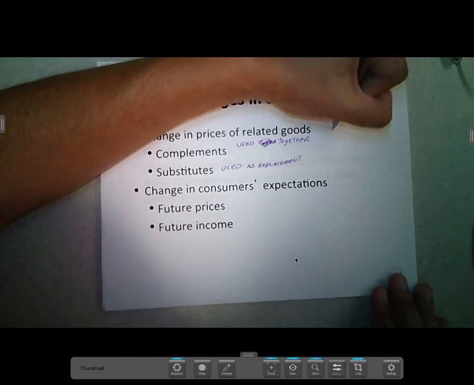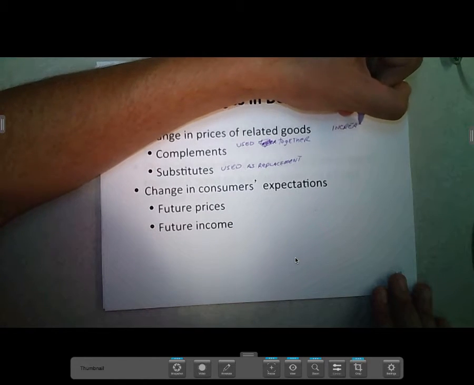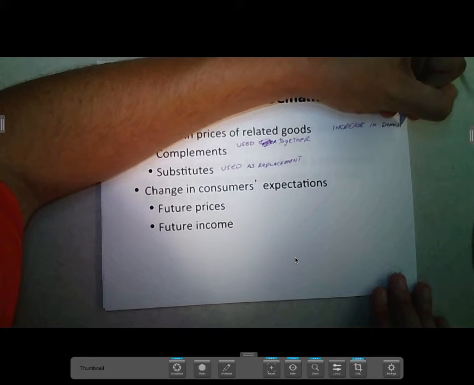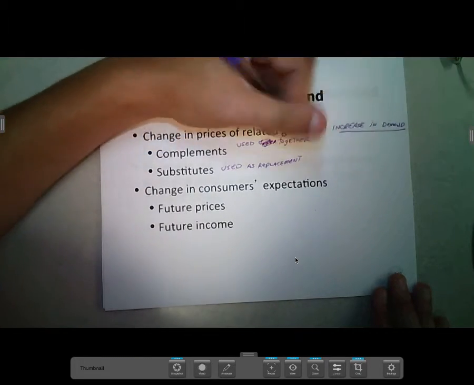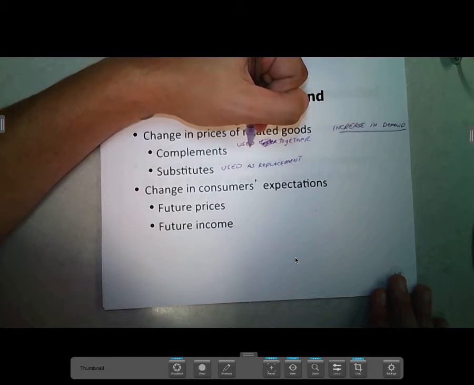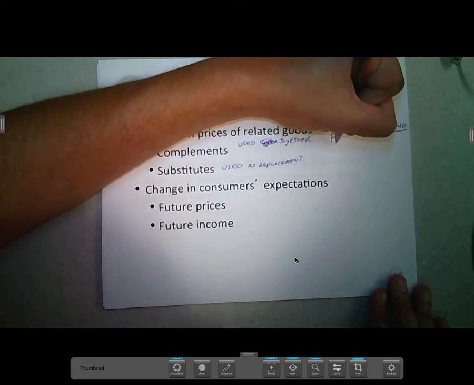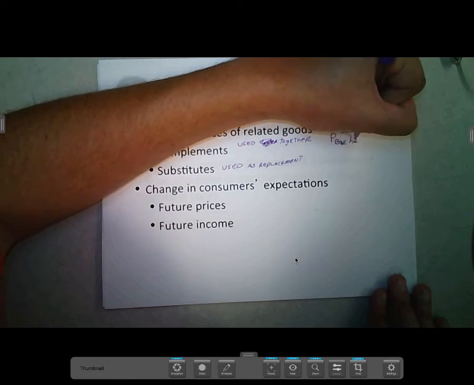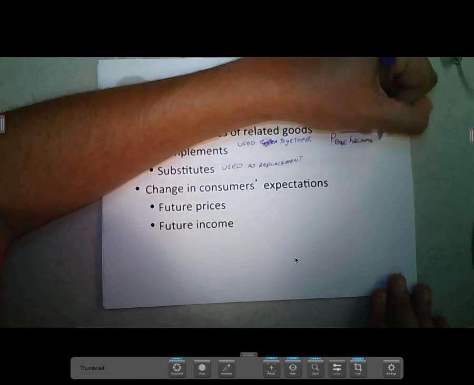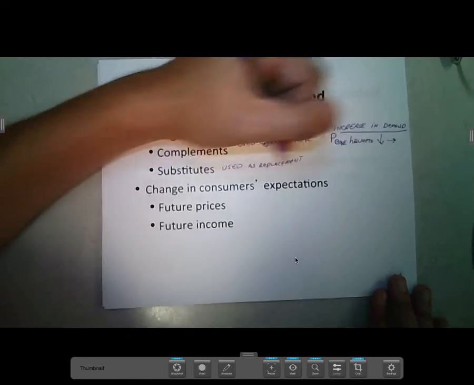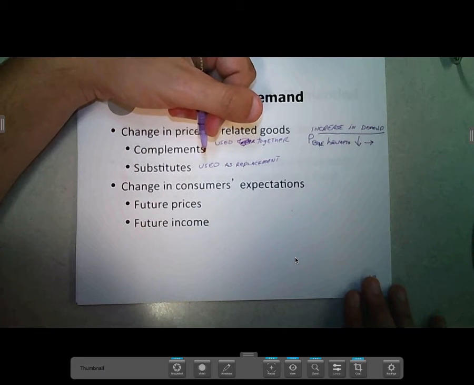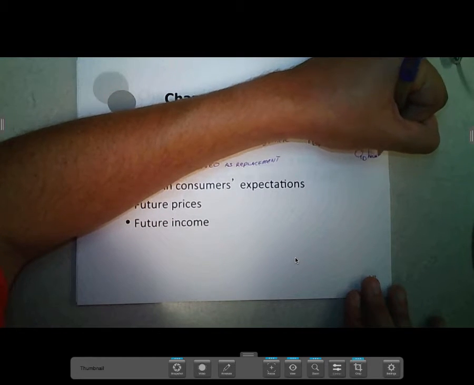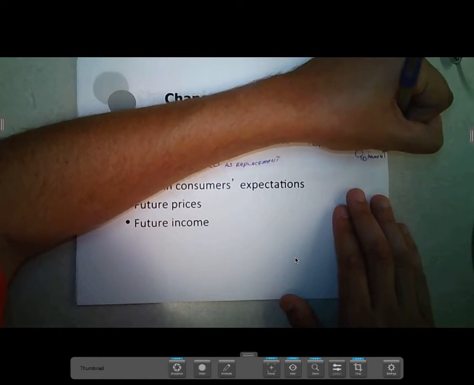So if we go back to then my increase in demand, here's what we're saying. Let's just do bikes and bike helmets as our example here. As the price of bike helmets falls, what we know from the law of demand is that the quantity demanded of helmets will rise.